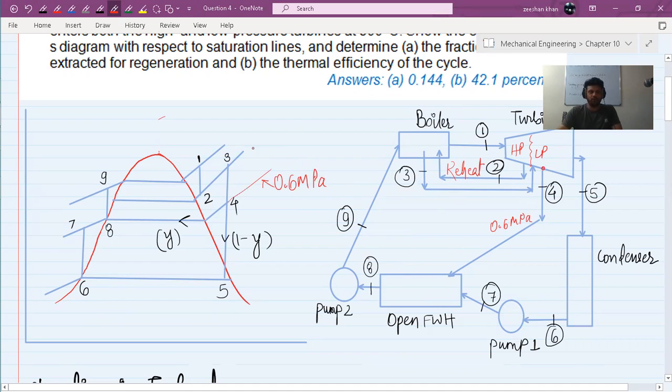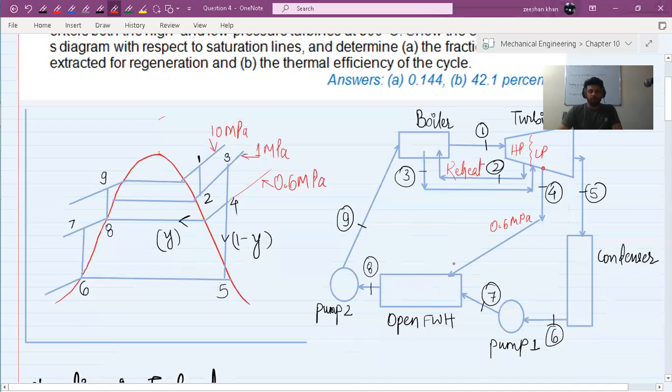This is what we are assuming, and it is sent to the open feed water heater, and the rest of it, which is 1 minus y, continues through the low pressure turbine and then reaches the condenser, and through a pump reaches state 7 and then enters the open feed water heater.